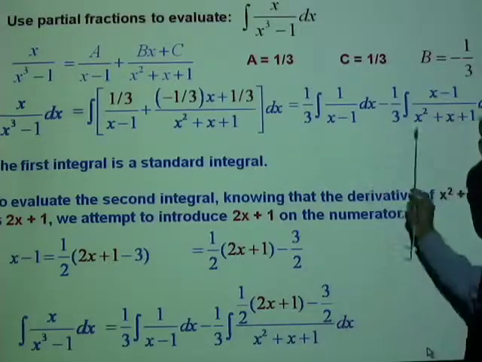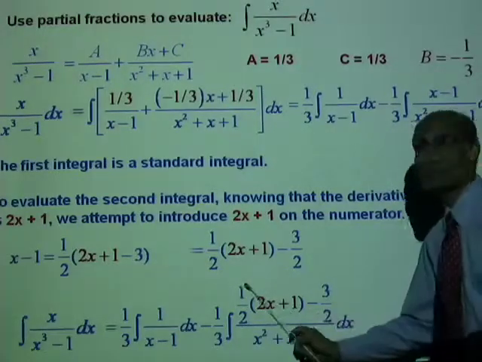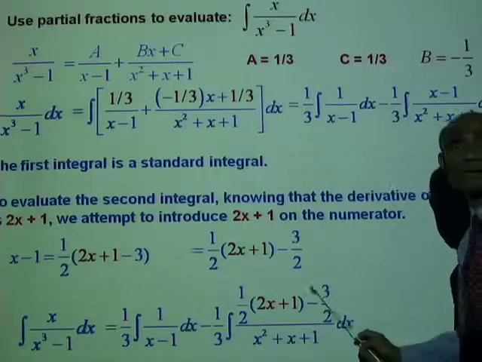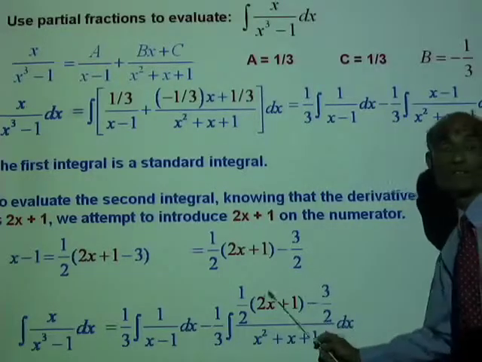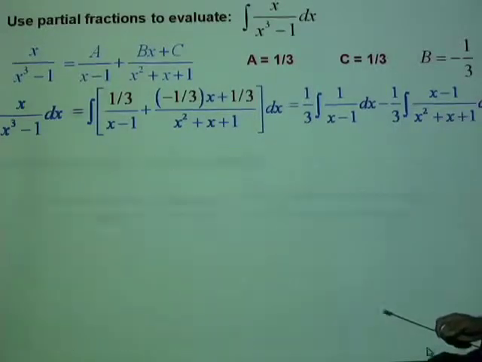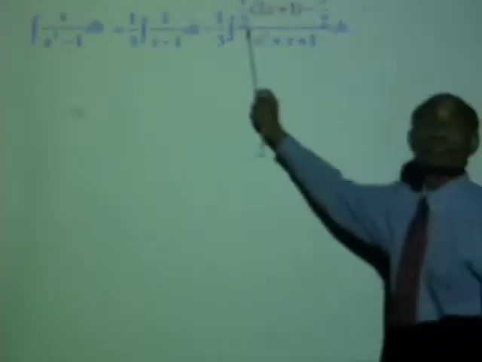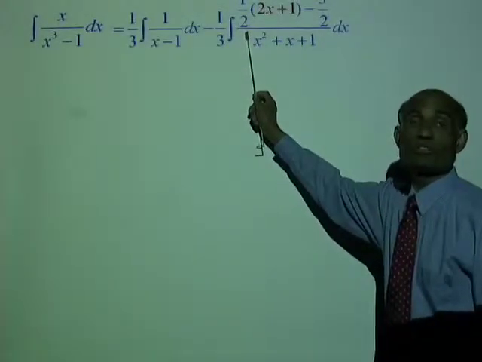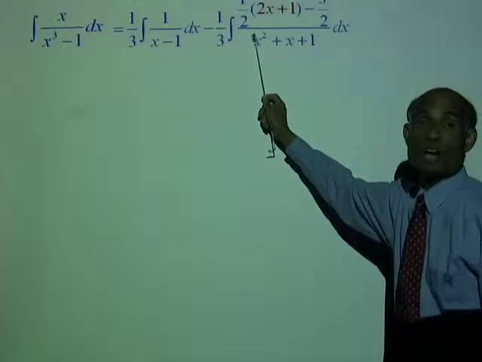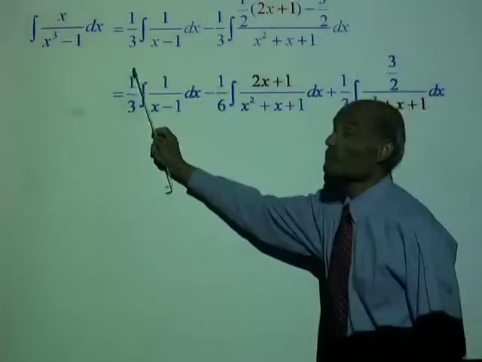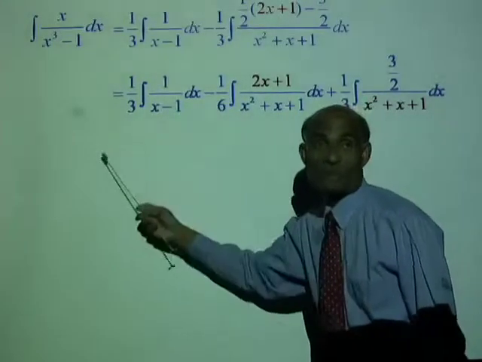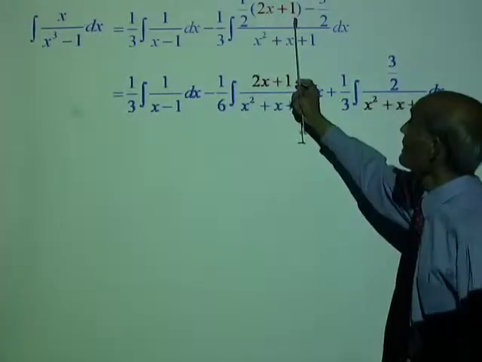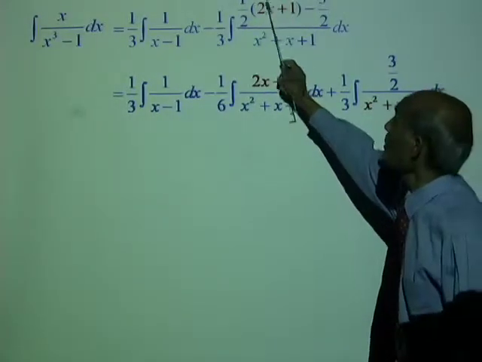So in the second integral, the numerator x minus 1 is replaced by this quantity. There you go. Okay, now we are back with this. We need to still fight with it. It's not easy yet. So we don't touch this. This is something that we can integrate. But the second integral, look at the numerator.